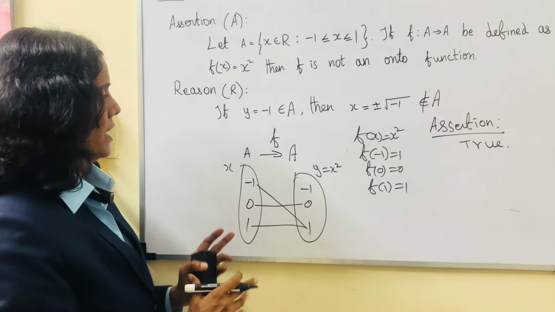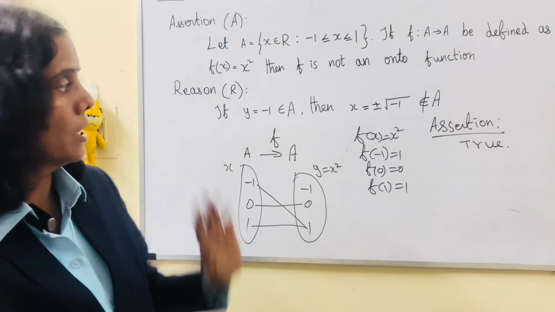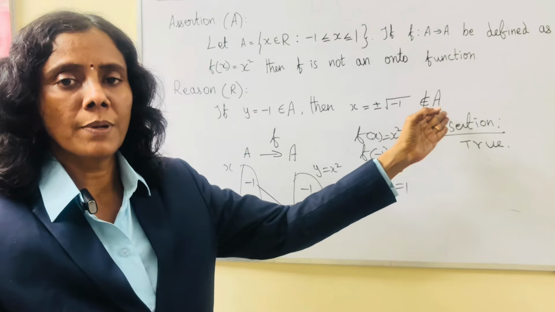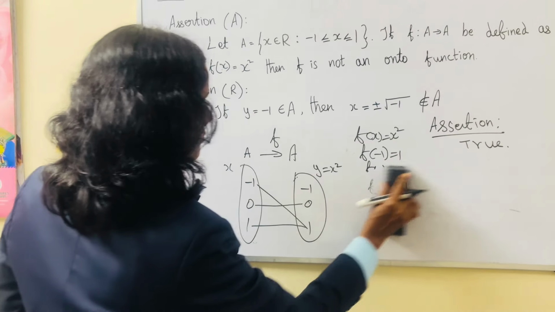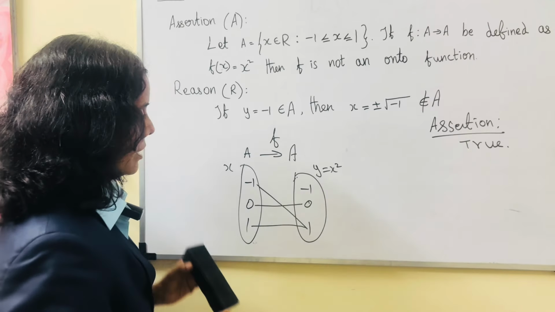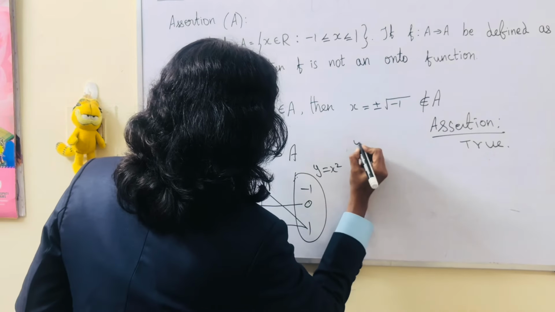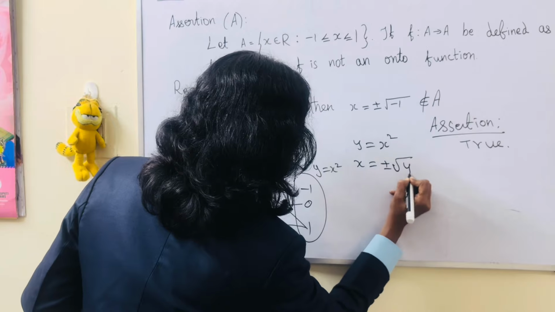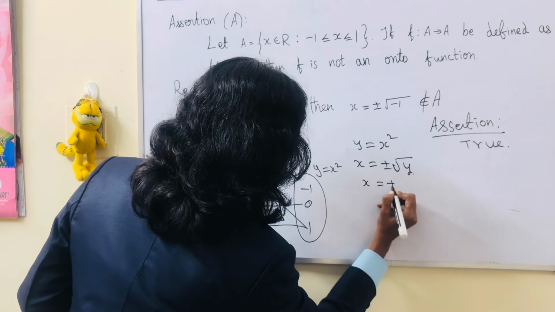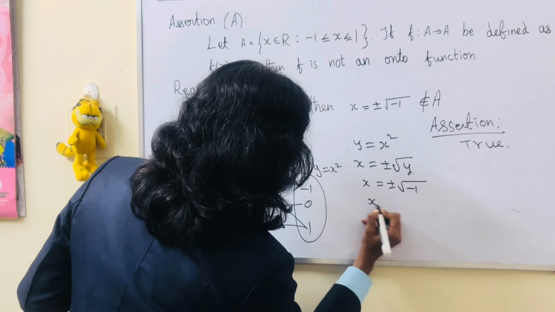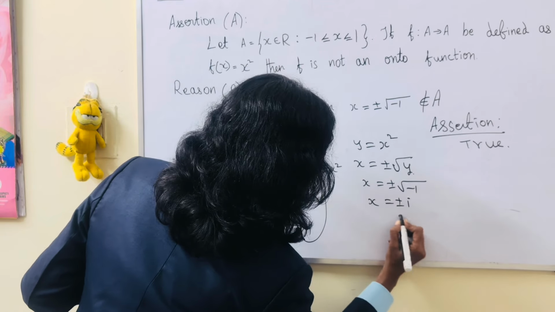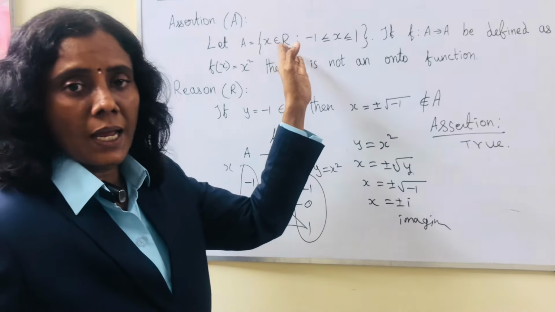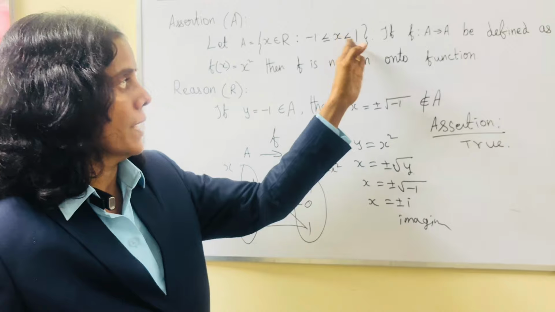Next ரீசனுக்கு வரலாம். If y equal to -1 belong to A, then x equal to plus or minus root of -1 not belong to A. இங்க y என்ன? x ஸ்கொயர். அப்போ x பிளஸ் ஆர் மைனஸ் ரூட் ஆஃப் y. இப்போ yக்கு பதிலாக -1 எடுத்தனா x is imaginary. பட் x என்ன கொடுத்துருக்காங்க? ரியல் நம்பர் ஃப்ரம் -1 to 1.